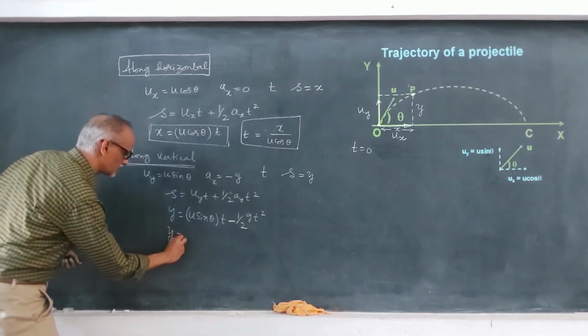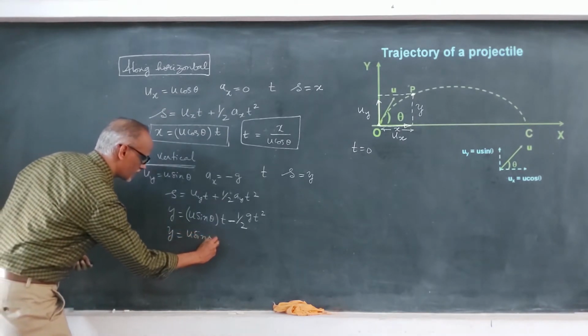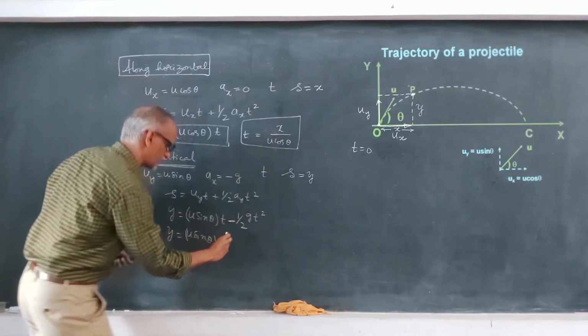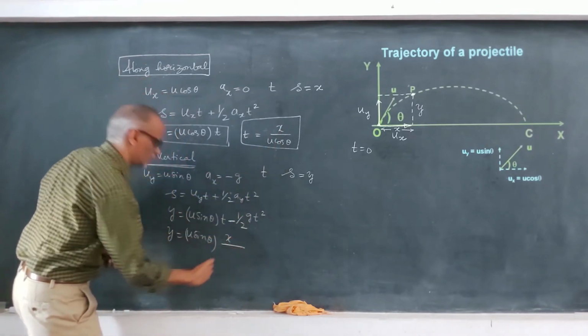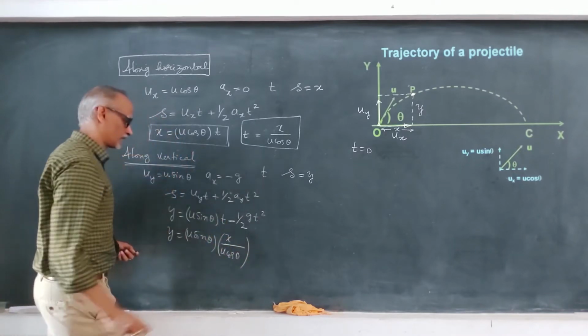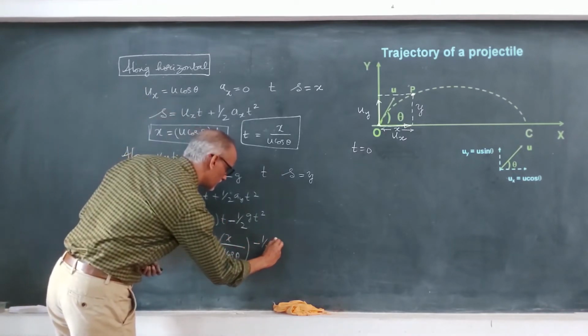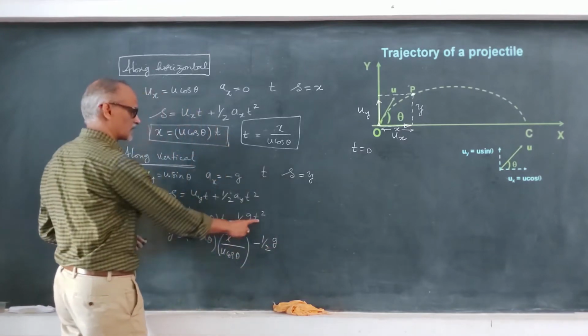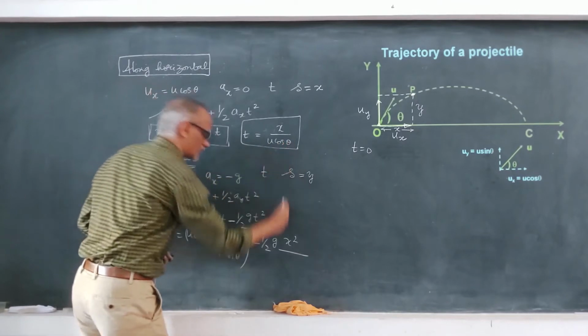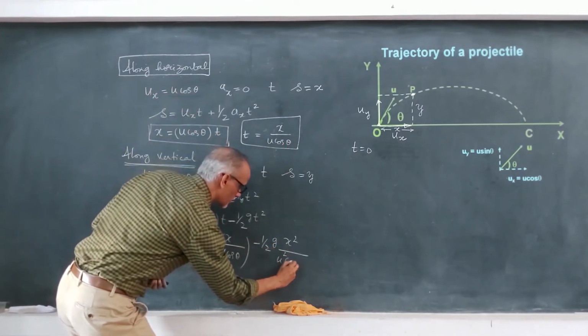So, y is equal to u sin theta into t, where we have rearranged t. So, substitute that x by u cos theta, minus half g into the square of this, x square by u square cos square theta.